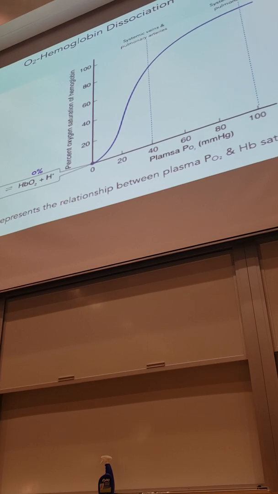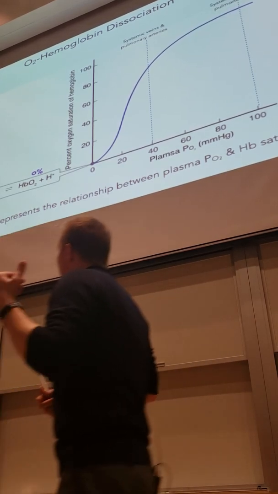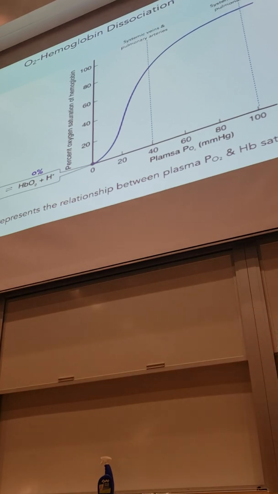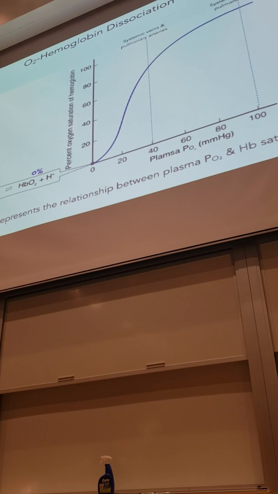I've been using this term saturation before, but basically what it means is how much of the total hemoglobin is bound to oxygen. So if we have 100% saturation, that means that we have no deoxyhemoglobin left. We have only oxyhemoglobin. Generally, this is not a linear relationship, right? You can see that it's kind of curvy, but you can see it's moving in the positive direction.